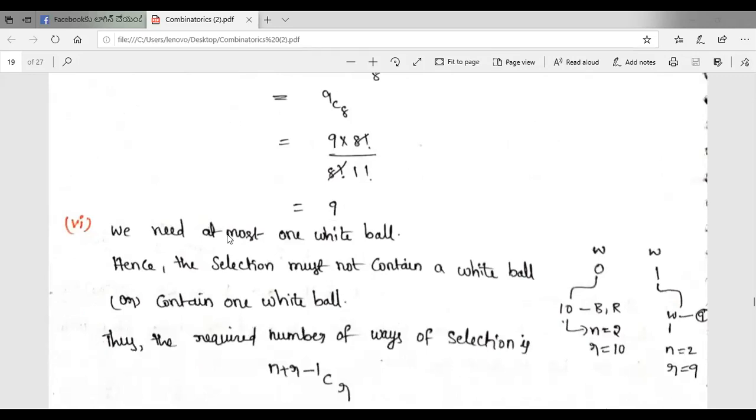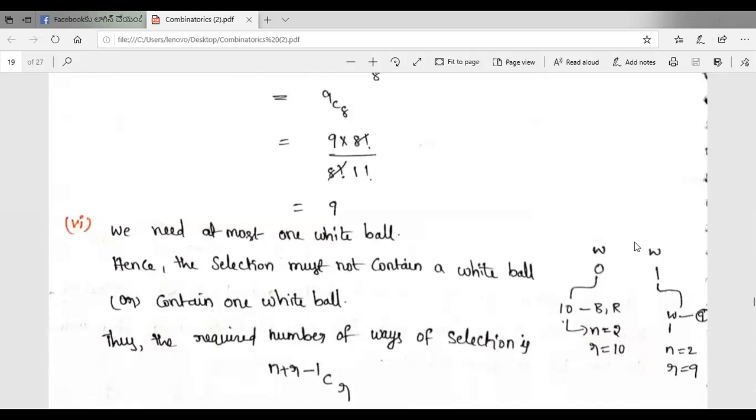If a white ball is not contained in that selection, the total selection of 10 balls are all from the blue and red boxes. So the number of objects is 2 and the total combination is 10, in which case a white ball is not present in that selection.